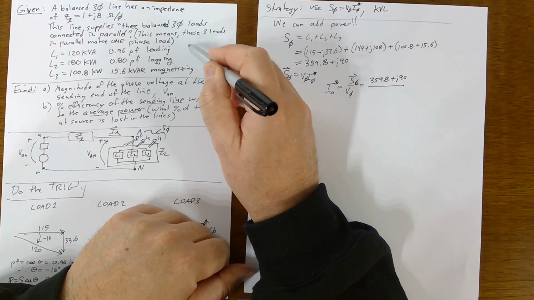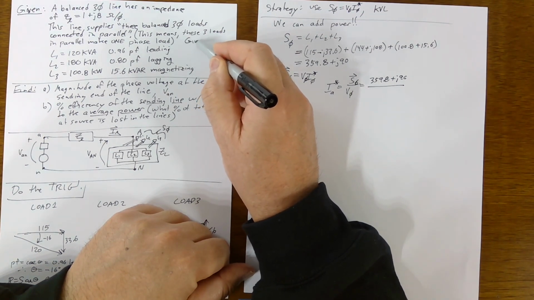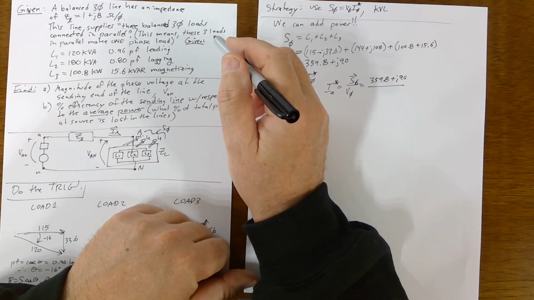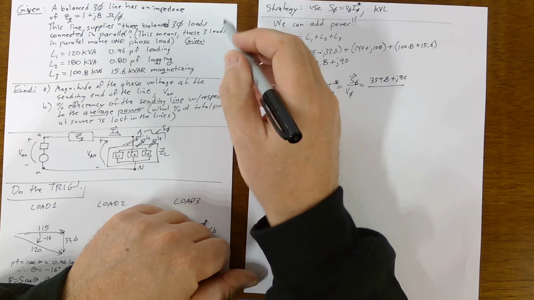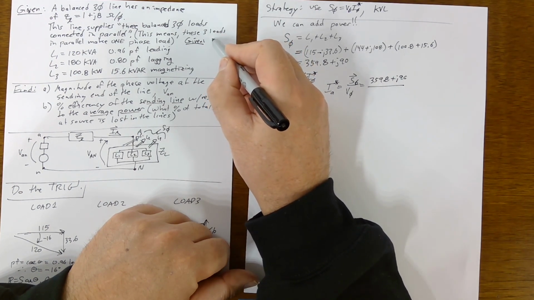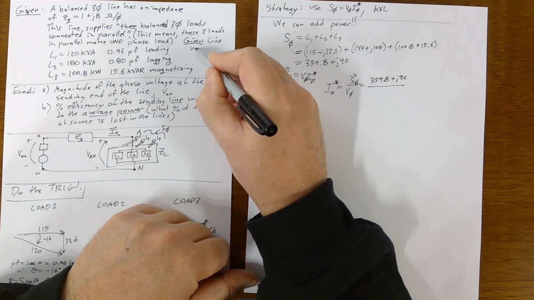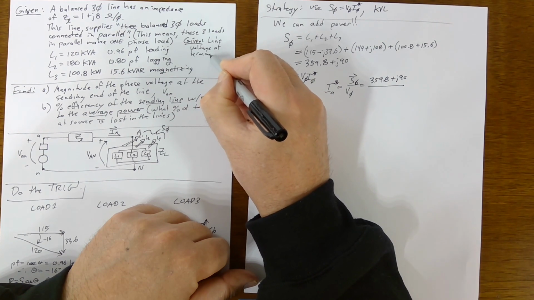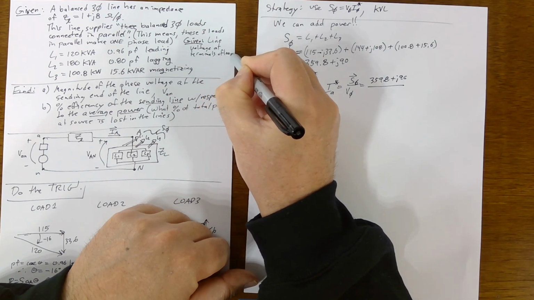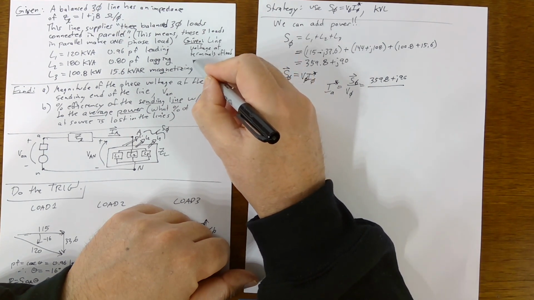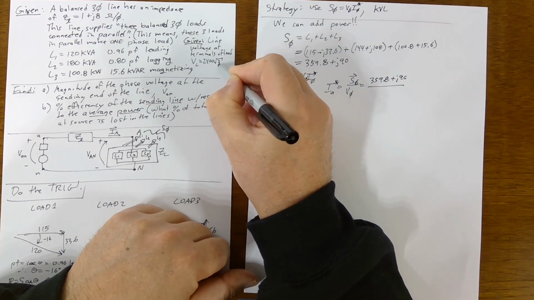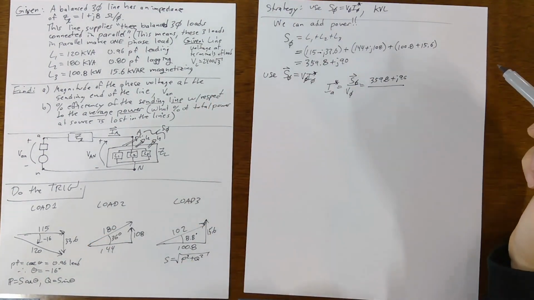So another given is the line voltage at the terminals of the load. V sub L is 2400 root 3. It's another given I left off.